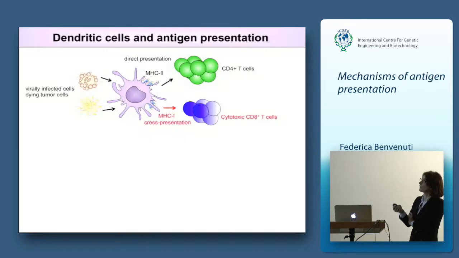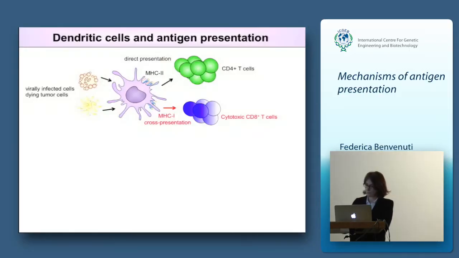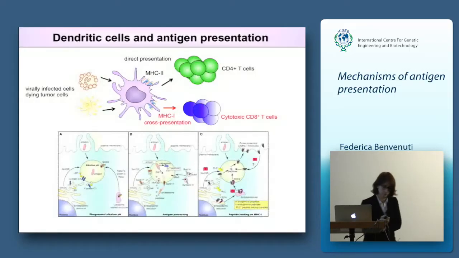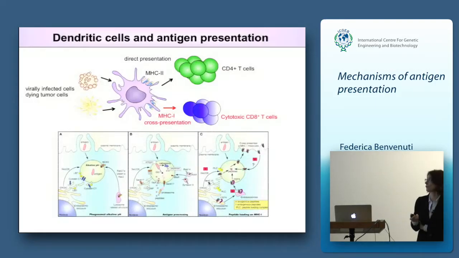It explains the fact that these cells are absolutely required in vivo to activate cytotoxic responses against virally infected cells or dying tumor cells. People have studied a lot in the last 10, 15 years how this mechanism of cross-presentation works, and I'm just summing up some of the most important features of this specialized antigen processing machinery.